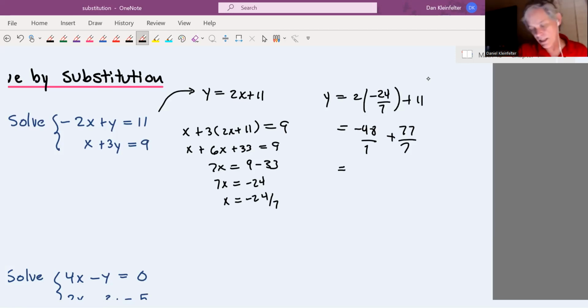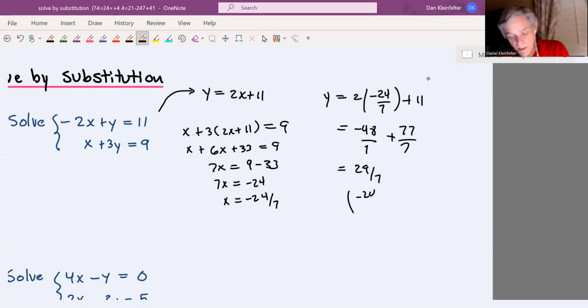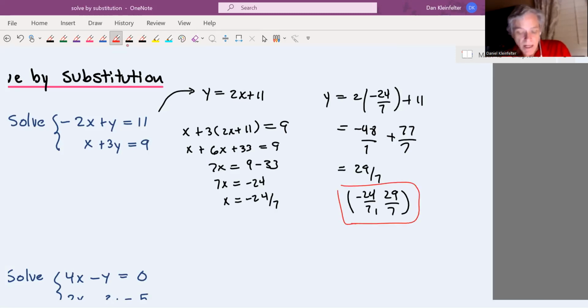And then we need 77 minus 48. That looks like 29 sevenths. Okay, so our xy pair then would be negative 24 sevenths and 29 sevenths. So that's the basics for how it works to solve by substitution.